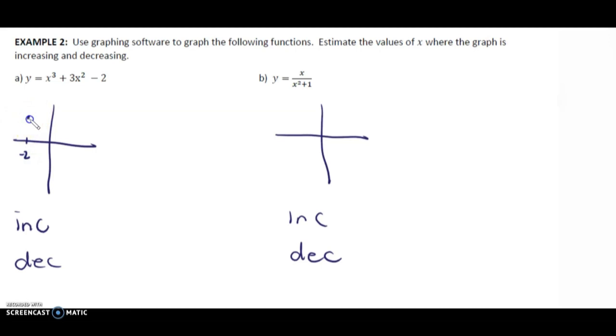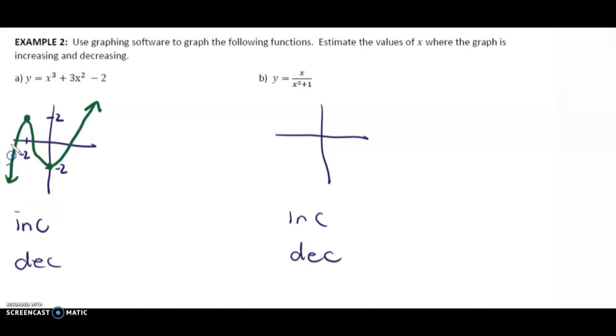We'll go (-2, 2), and then (0, -2). And then on this graph, we're going to plot here and here, which are our turnaround points. And there we go. So, interval of increase.